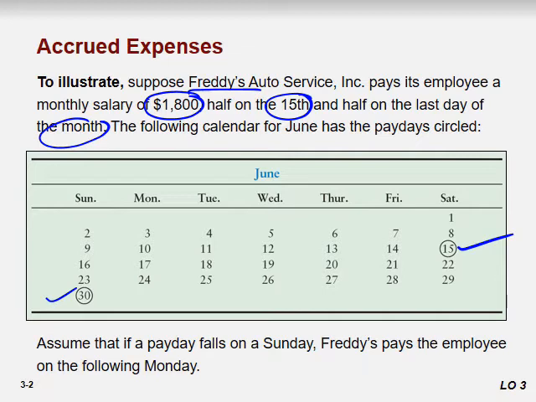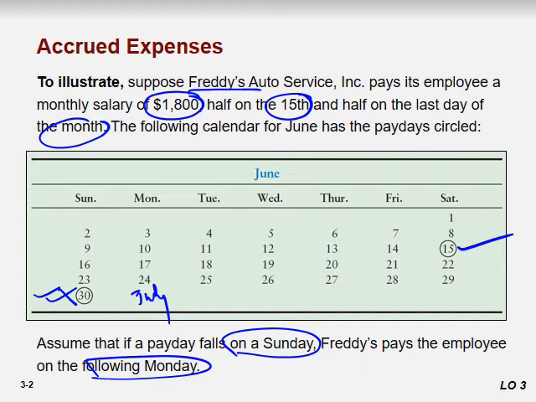So assume that if the paydays fall on Sunday, then Friday's pays the employees on the following Monday, right? Means they cannot pay on Sunday as it's a holiday, so they would be paying on the 1st of July, right? Because after 30th June, there is 1st of July, right?